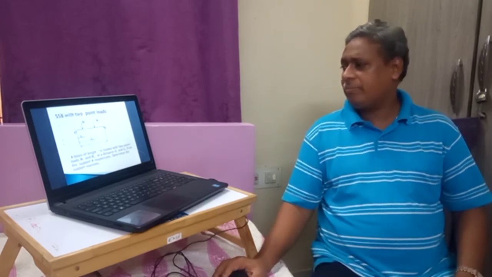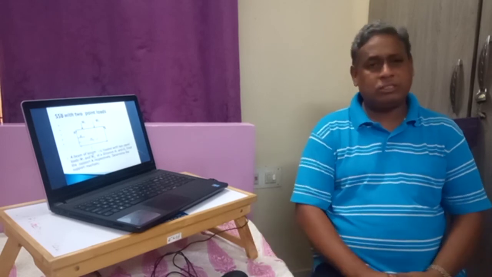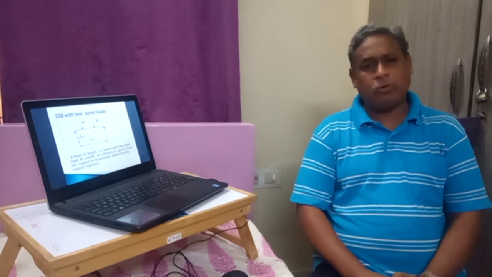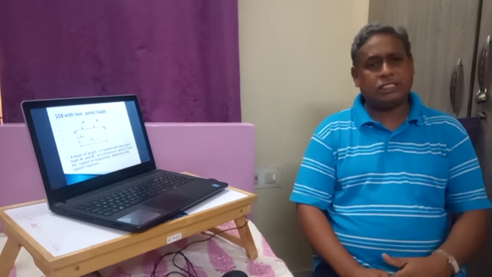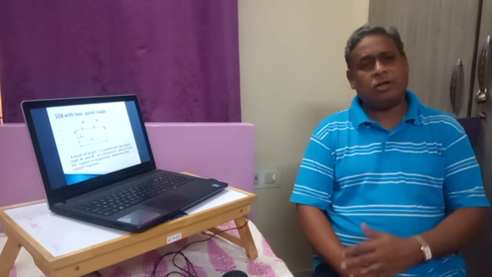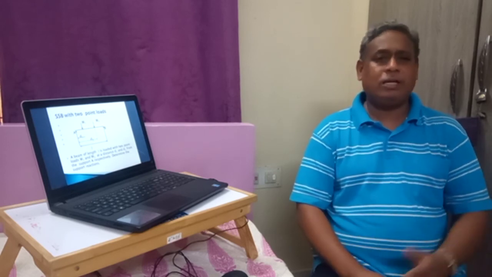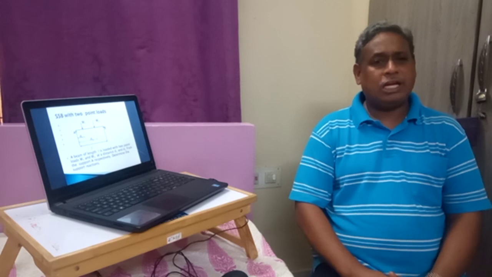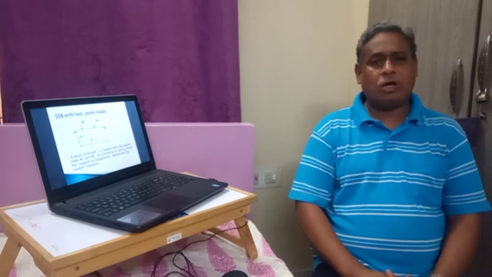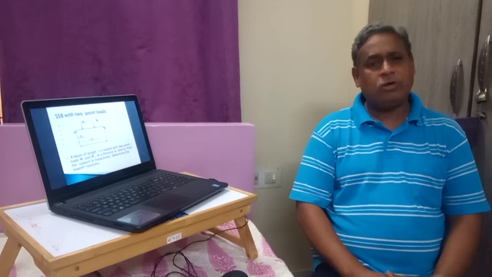These two loads can be treated as two different problems, the problem with load W1 and the problem with load W2, and solve the reactions RA and RB for load 1 and RA and RB for load 2, and then we can simply add them. That is, RA1 plus RA2 will give you the actual RA, and RB1 plus RB2 will give you the actual RB due to the first load and the second load respectively.